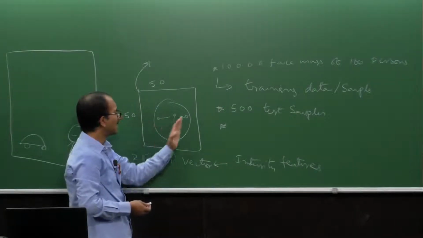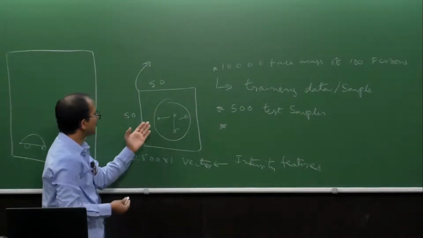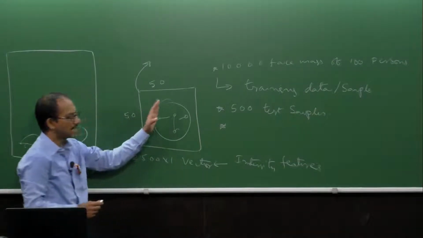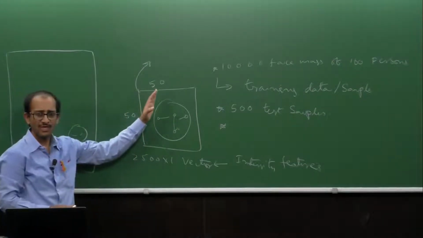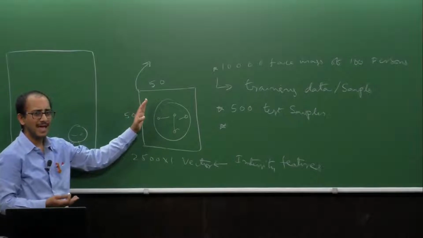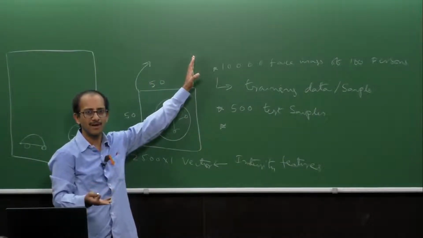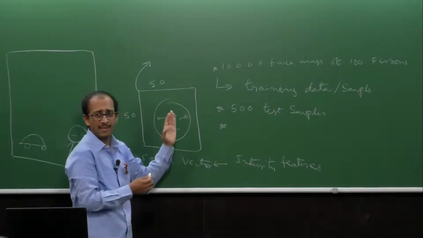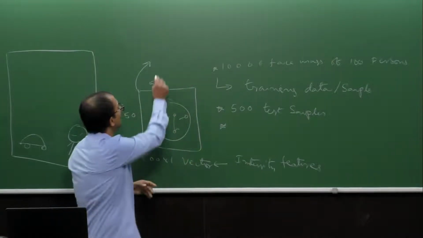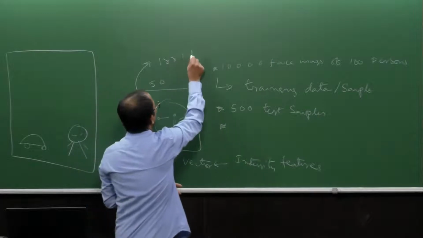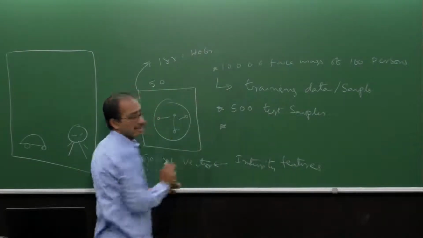If we go directly for a HOG representation, so assume that it is an image of 50 cross 50. One way is I can directly consider some number of bins, say 18 bins, or whatever the number of bins, and then for the whole image I can form the HOG vector and get an 18 cross 1 HOG vector describing the whole image. That is one way.